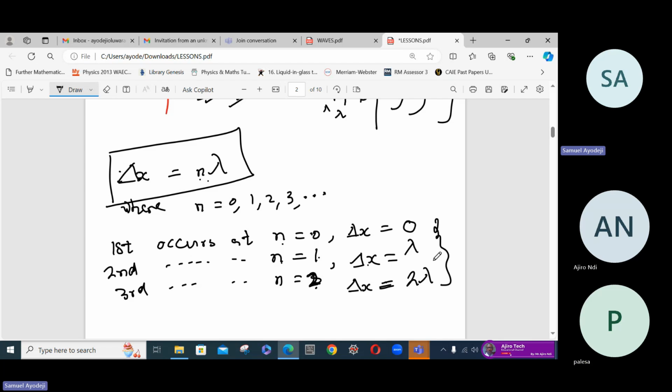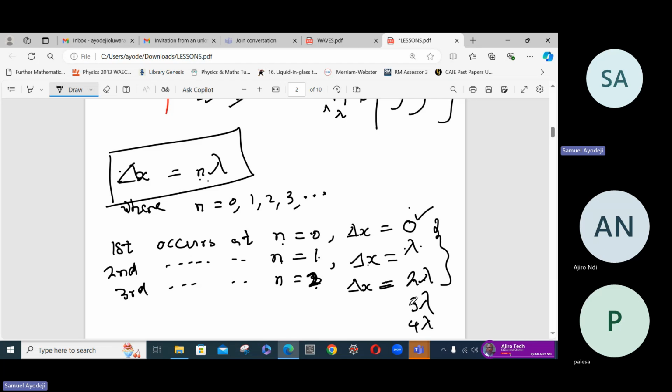It can also be put this way: the path difference for constructive interference can either be 0 or a whole number of wavelengths. You get 1 lambda, 2 lambda, 3 lambda, 4 lambda, 5 lambda.